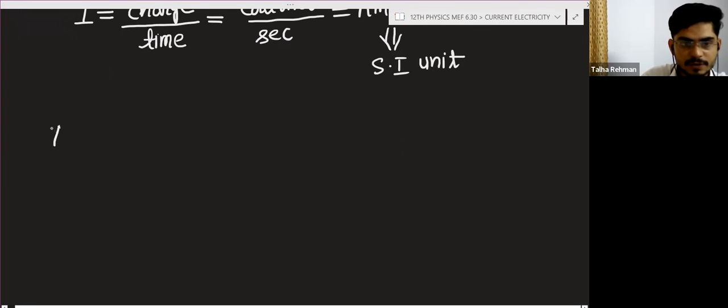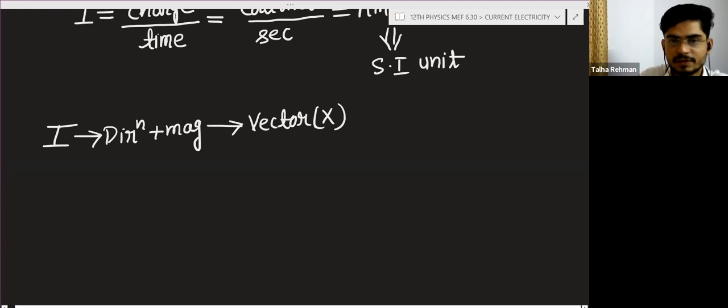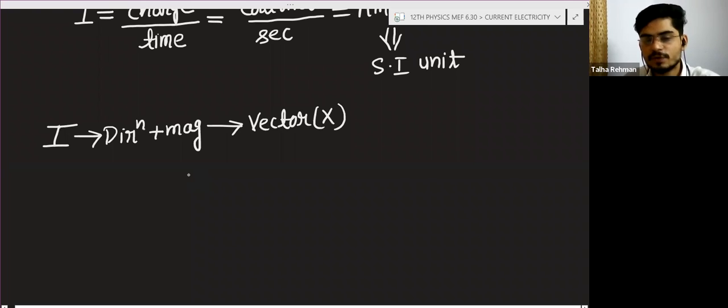So current I has the direction and has the magnitude, but this is not vector. This is not vector because this current does not follow the vector laws.